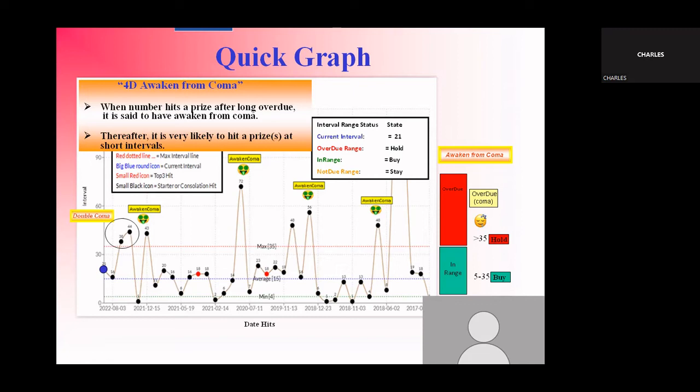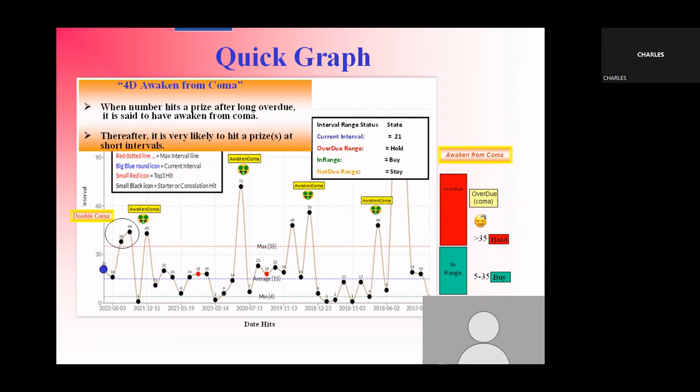So I have explained to you quite in detail how to make use of this graphic chart, as well as the icon, and of course the concept of awaken from coma to pick the numbers to play. So I hope after this you can go and look for numbers which have this kind of awaken from coma status. Then from there you can buy.